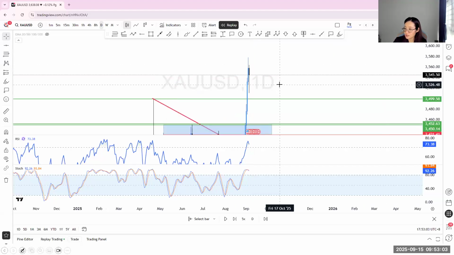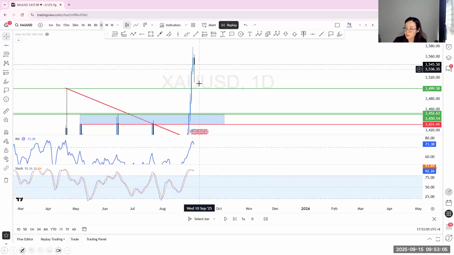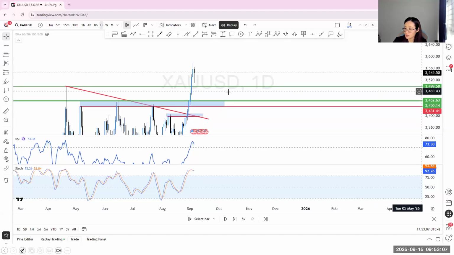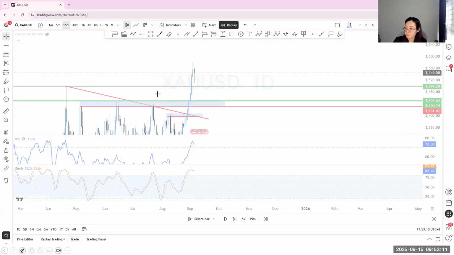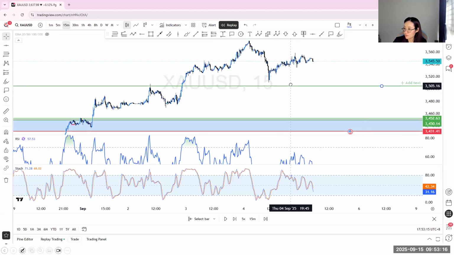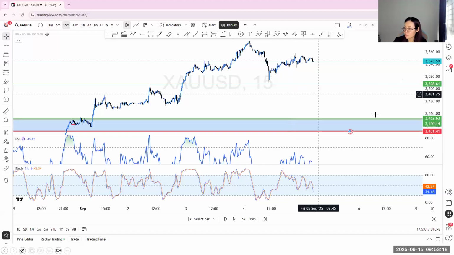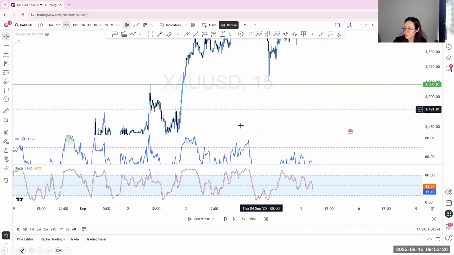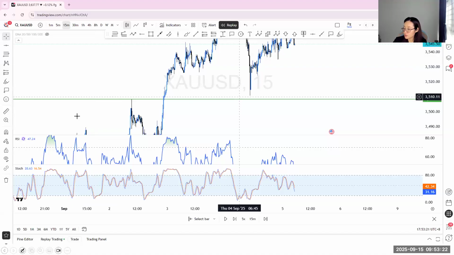We already know that gold has broken, with a D1 close above. So the next day a lot of retail traders are going to wait for the pullback and then buy, right? They're going to buy somewhere around this level, at the wick. But price did not come all the way to 3,500.